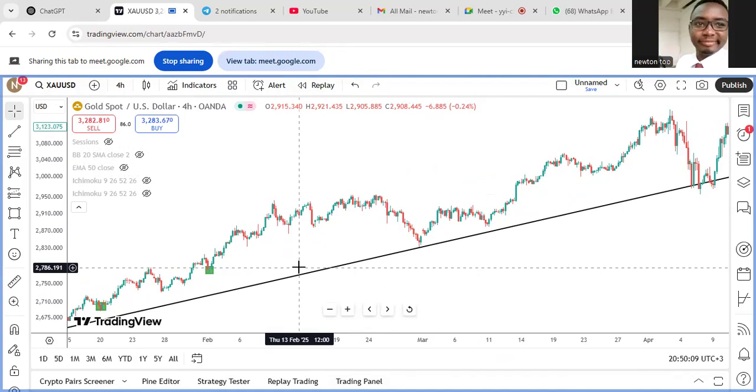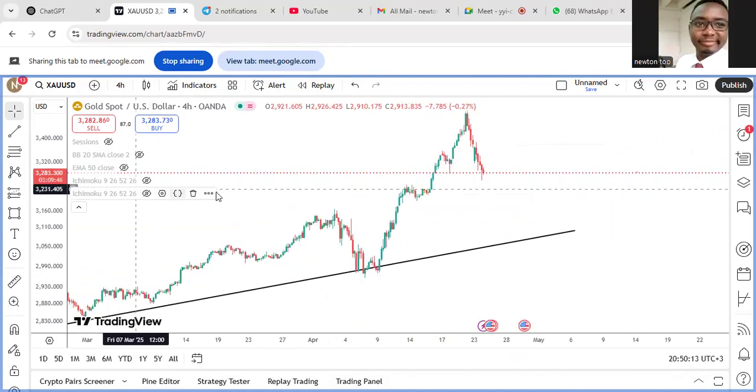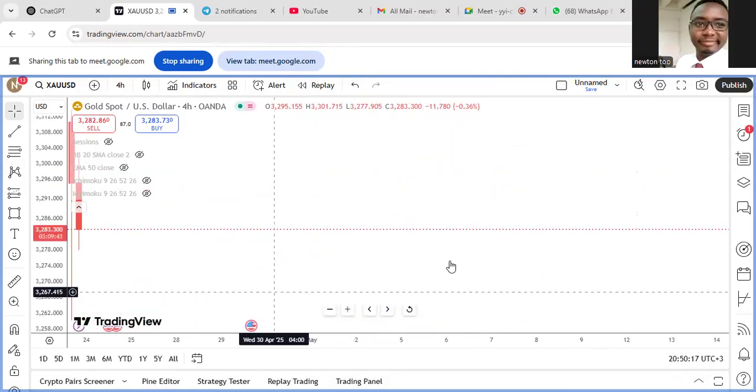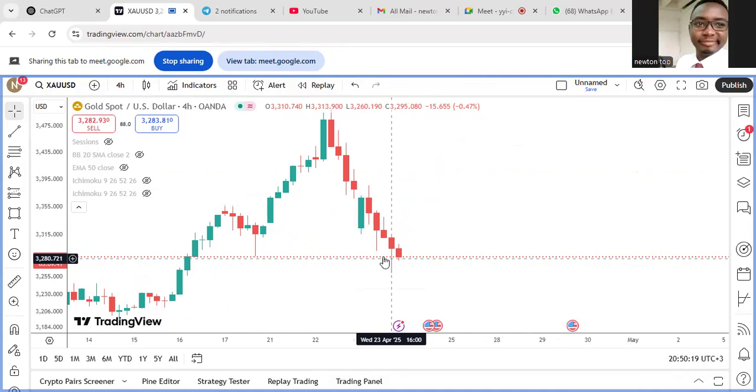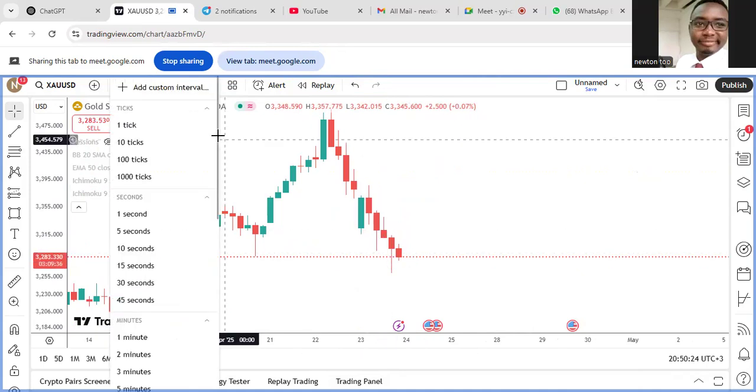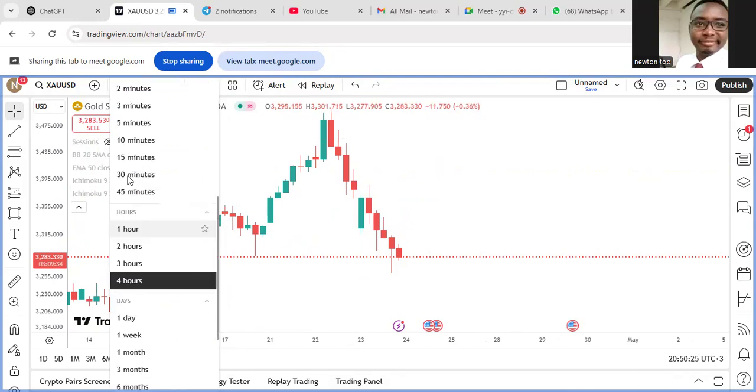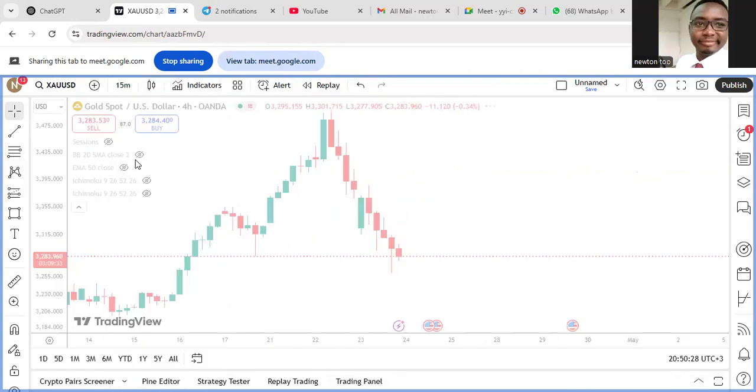Now for gold, let's say for example here, I want us to enter here now. Let's say this one is entry, and assume this one is a hammer. So we can go to the 15 minutes time frame, and I'm gonna be showing you.